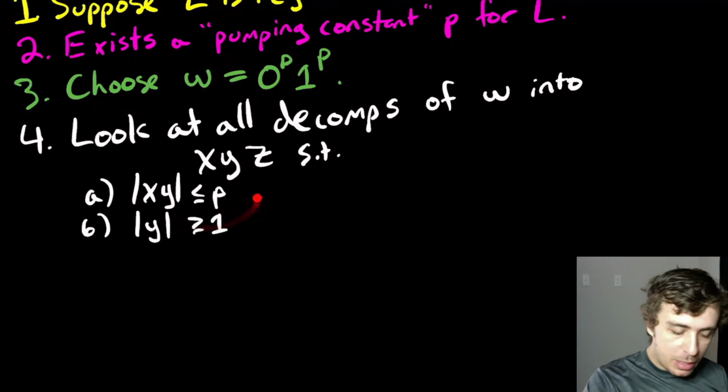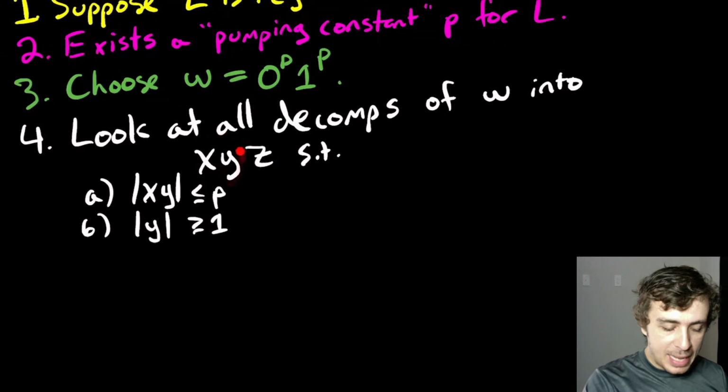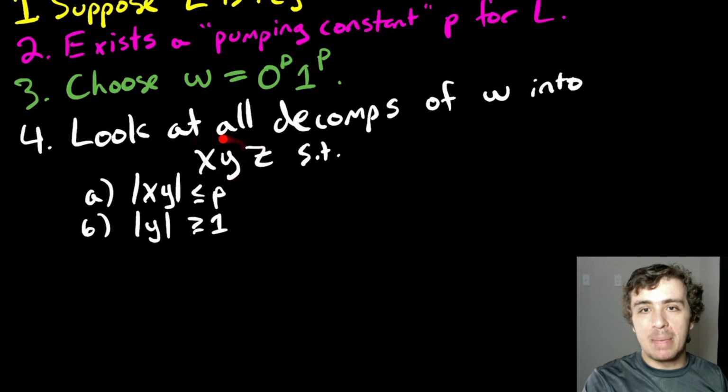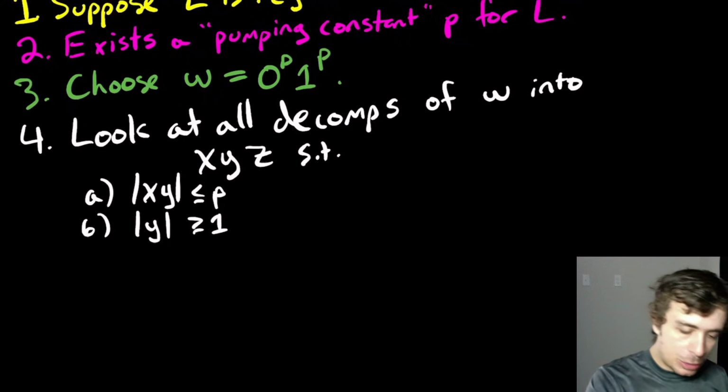So what are all the possible decompositions? Well, the x and y pieces are of length at most P. Remember that x and y are the beginning of the string. x is at the beginning, y is next. So the first 2 pieces are at most P characters, so x and y are entirely within the zeros here.